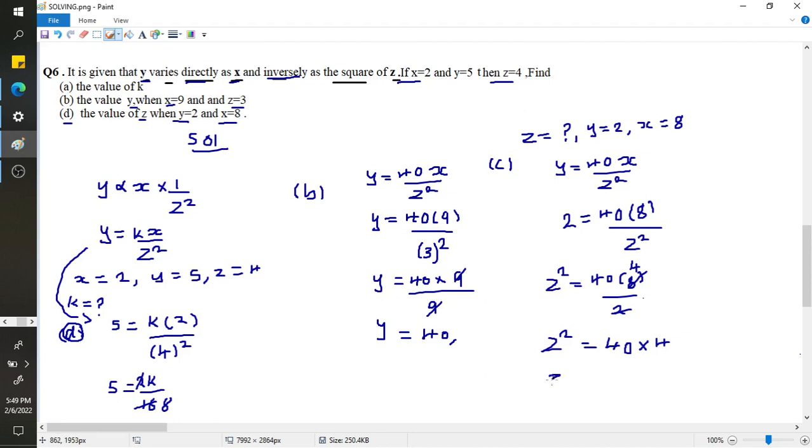And okay, let me just copy this. Now, what are you getting? 40 multiplied by 4. This is going to give you 160. Okay. Now we want to get rid of the square, right? So we have that, giving us z is equal to the square root of 160.